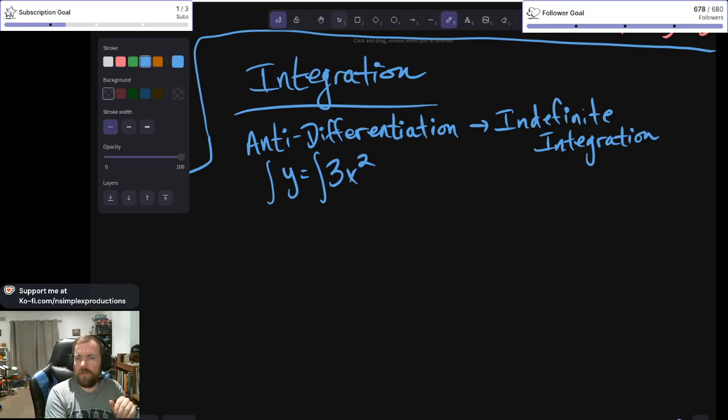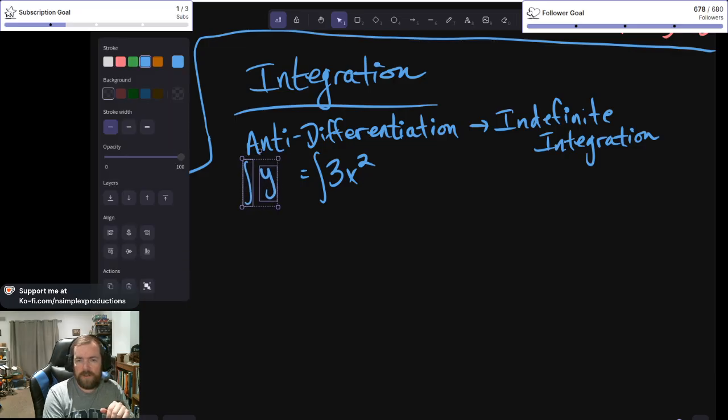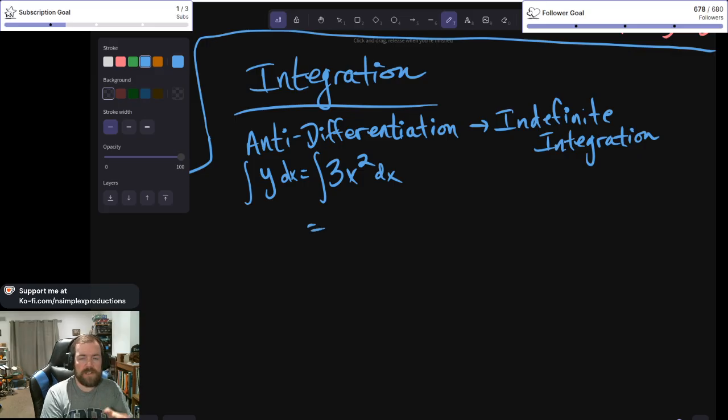We do this integration notation, and we say that if we take the integral with respect to x on both sides, the right-hand side is the derivative of the function x cubed, and over on the left, this is the derivative of some other function that we're just going to call capital Y. It can't be y, because we're integrating with respect to x, it's not going to be a factor of y squared.